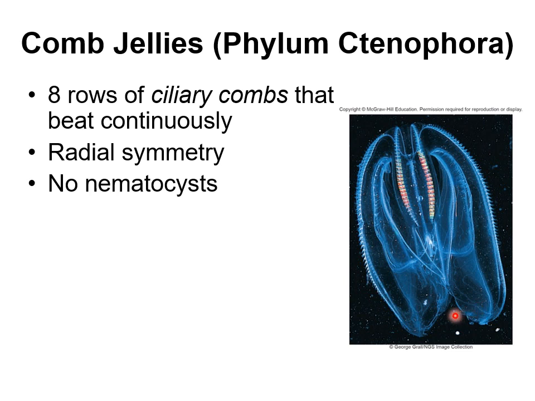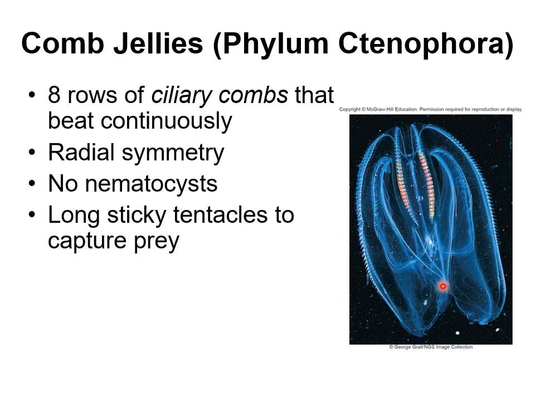One really key difference between the comb jellyfish and the cnidarians is that comb jellies do not have nematocysts. So you can pick these things up, you can touch them, and they won't sting you. These are the much more benign version of the jellyfishes. Which is not to say that they're not dangerous to other things.